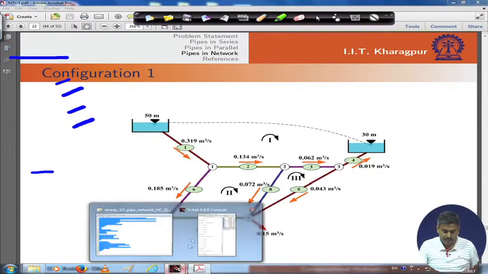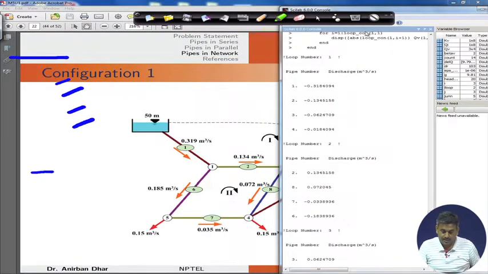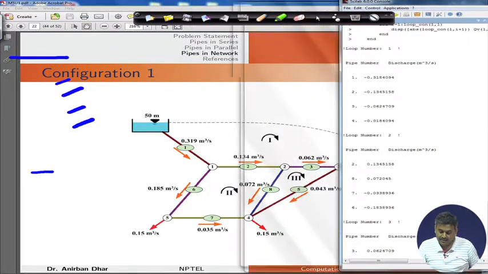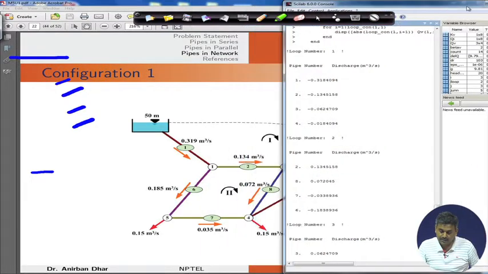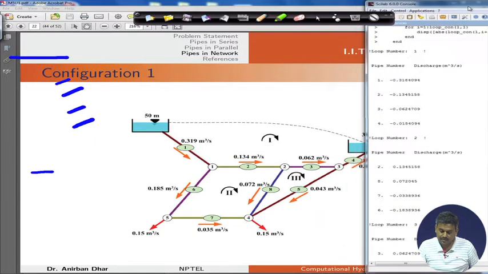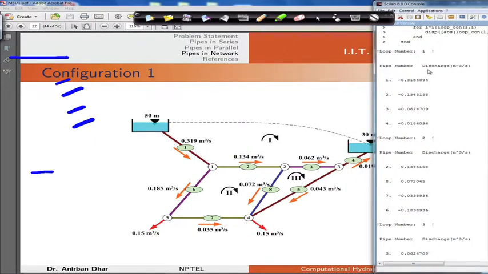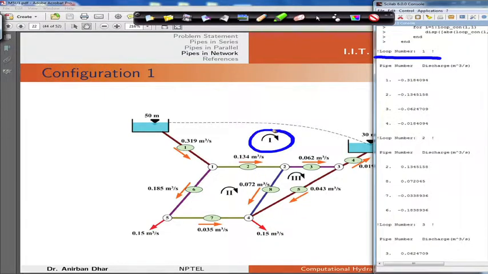So, here in this case we have loop 1. For loop 1 we are getting these negative values, this is 3184.